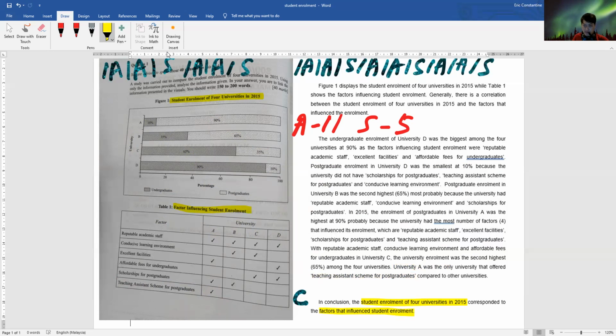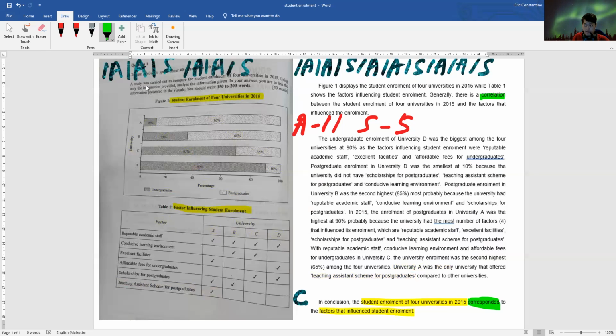Now let's look at our overview. In the overview, I use the word correlation. Let's use green color. So in the overview, there's only correlation. So this one is correspondent.